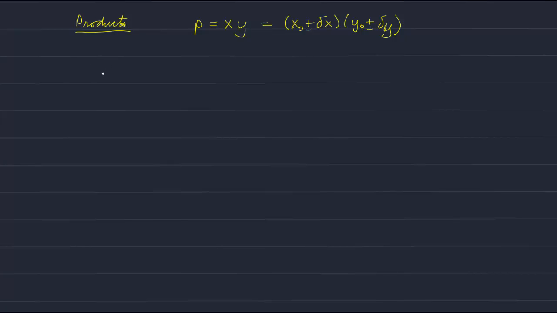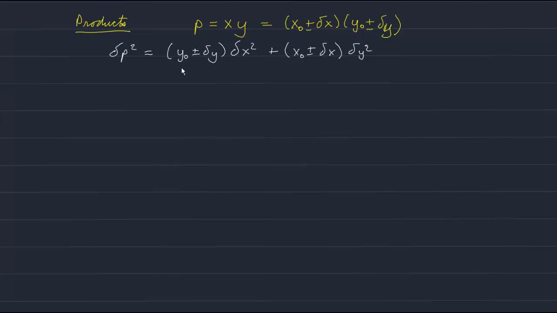So again, we know that the variance, or the square of the uncertainty of P, is equal to the partial derivative of P with respect to x squared, which becomes y, which is y naught plus and minus delta y, times delta x squared, plus the partial derivative of P with respect to y, which is just x, times delta y squared.